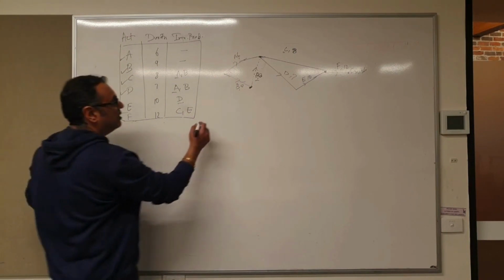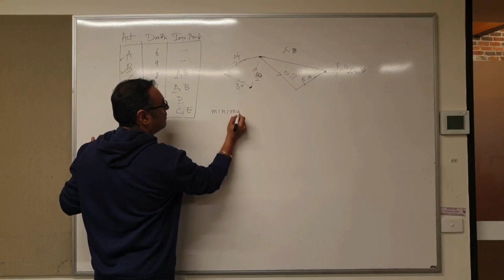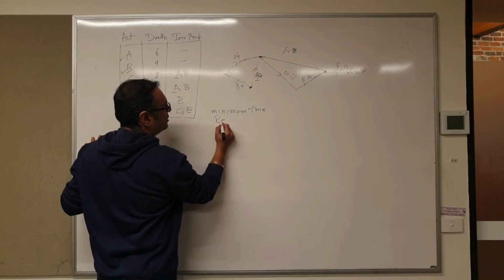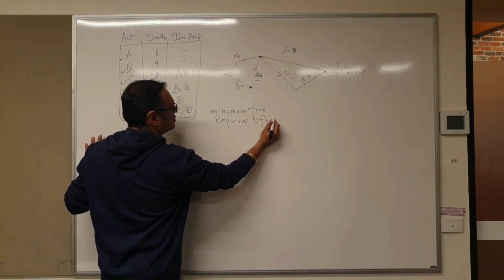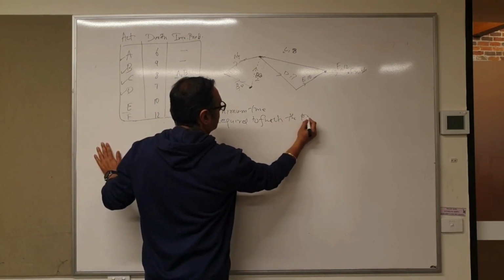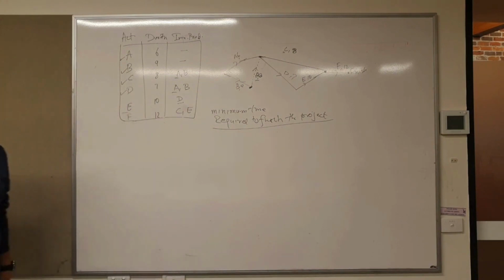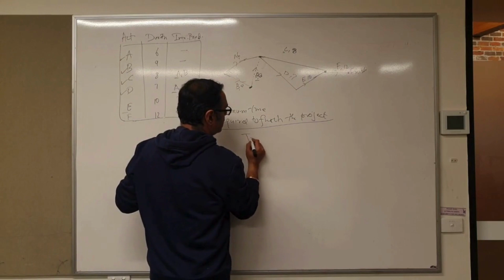So I'm trying to find the minimum time required to finish my project. This time is called the prime of critical path.